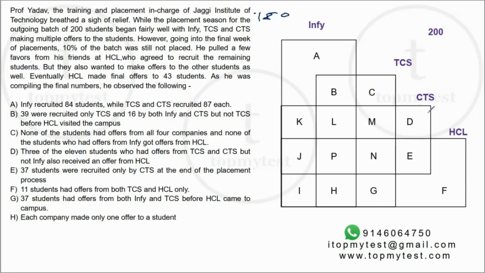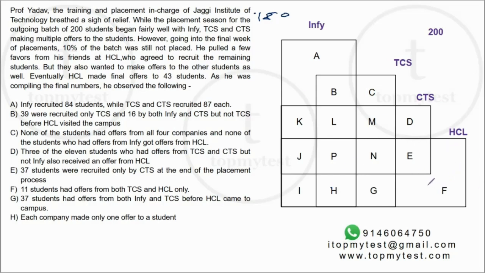So if you were to add up the regions A, B, C, D, E, G, H, I, J, K, L, M, N, P, all of them had at least 1 job offer before. Only F, people in F, were picked up only by HCL. So they did not have any job offers before. Now we already know that 20 students were not placed before. 90% were placed, 10% were not placed.